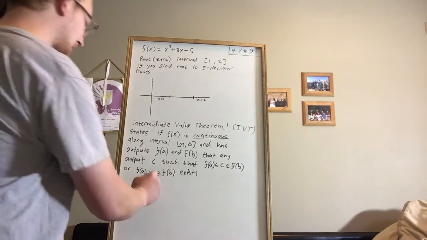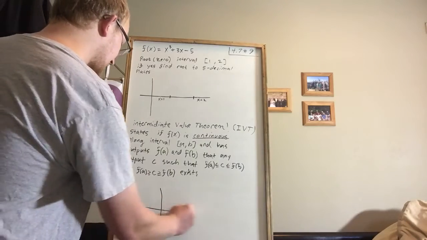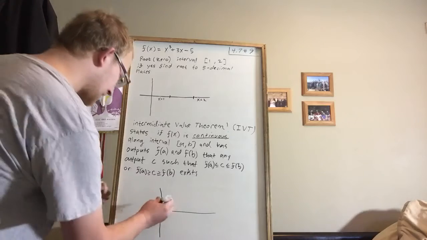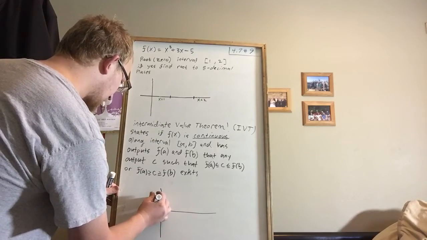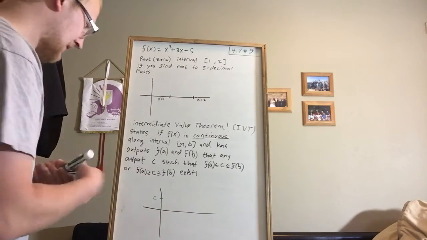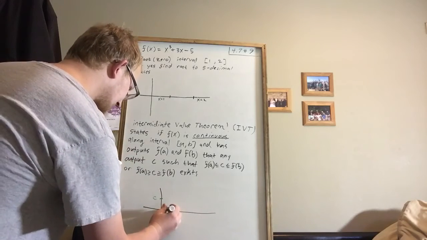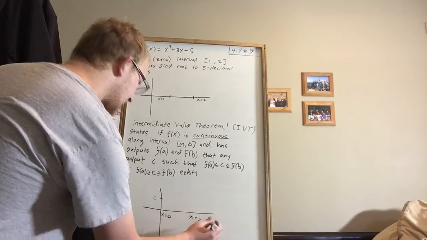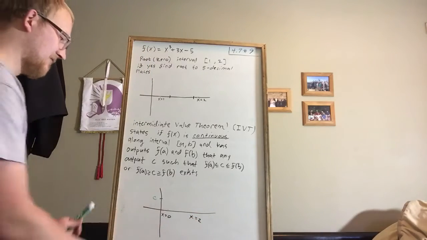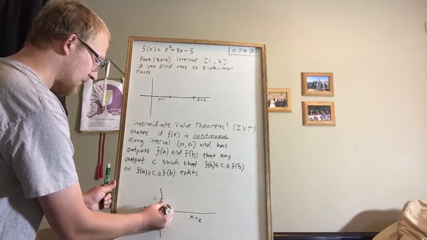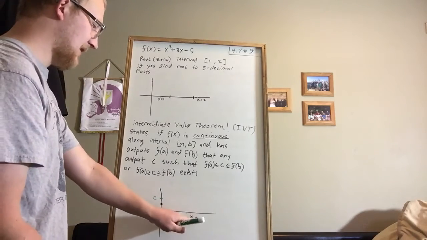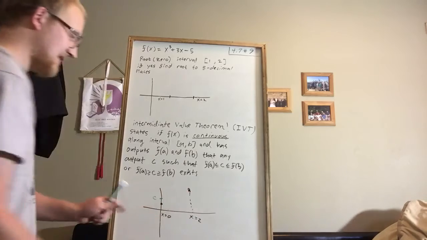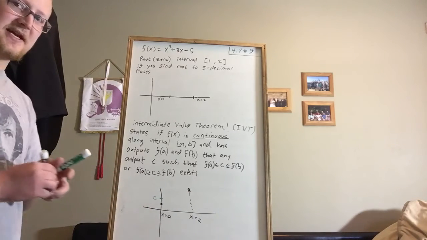What does that mean? Well, if for example, I'm curious if my function crosses the point y equals c, and I look between, let's say, x equals 0 and x equals 2, if I plug in x equals 0 to my function, and let's say I get 1, and I plug in x equals 2 to my function, and let's say that I get 3, and I'm curious if c exists anywhere in that interval.